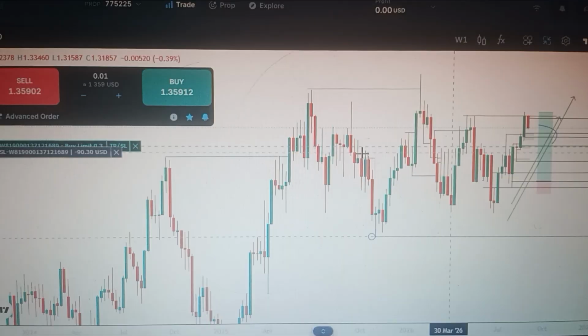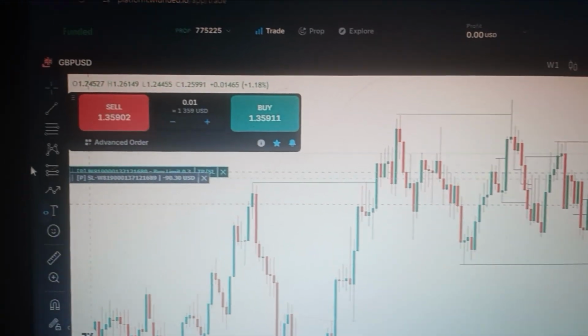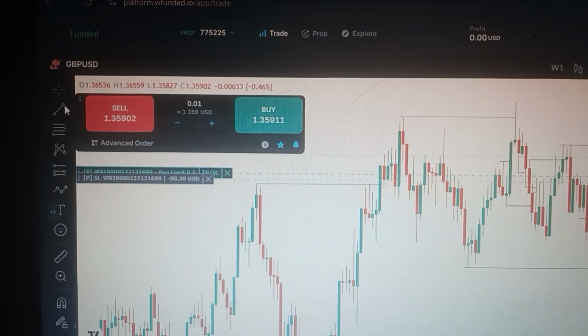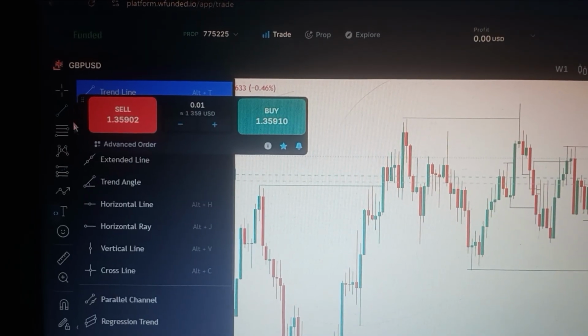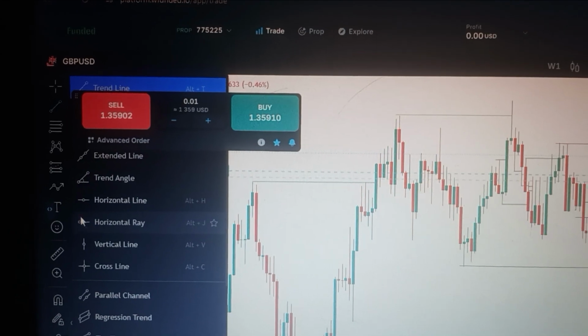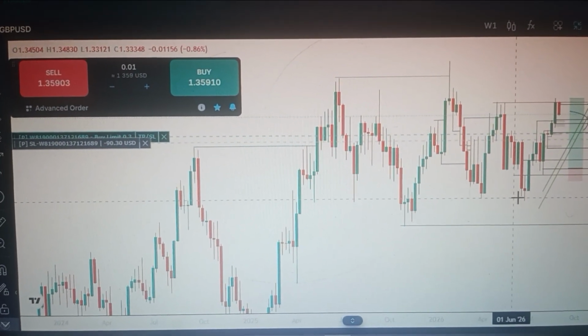What we're going to do here is scale down to the lower time frame. Before we scale down, let me map out something. Hold on. Before we scale down, this is the origin of the upward push.